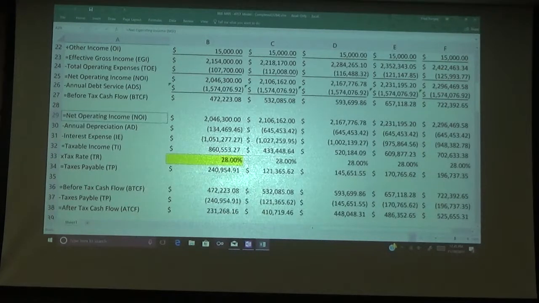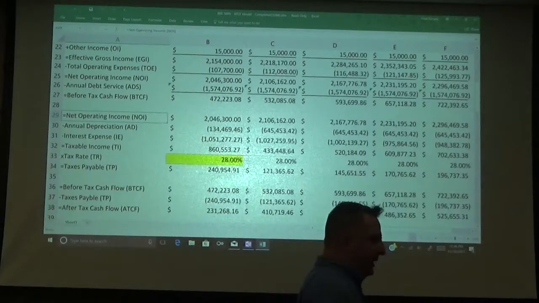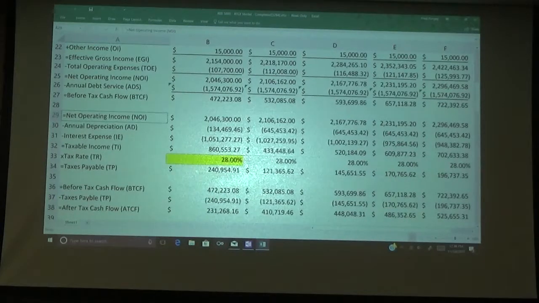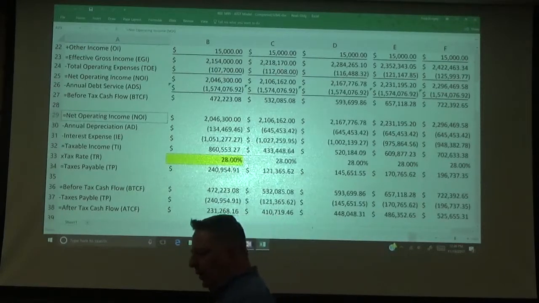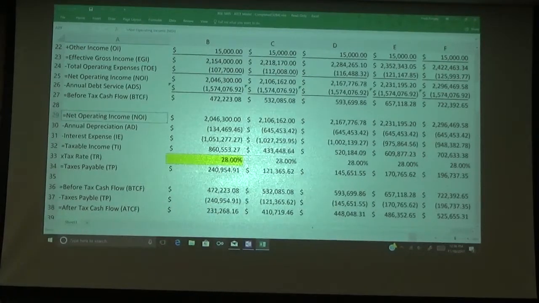Okay, that having been said, part of what we have to do is to take a look at some of the different variables that get impacted within the tax world. One of the things that we deal with in the tax world is depreciation, okay? And in the tax world, it has been determined that commercial real estate properties have a 39-year useful life.